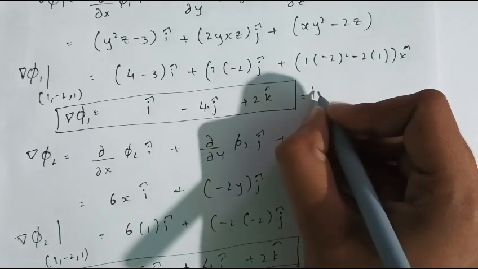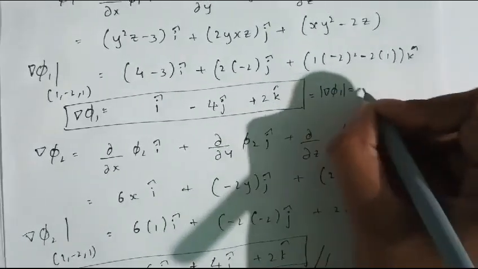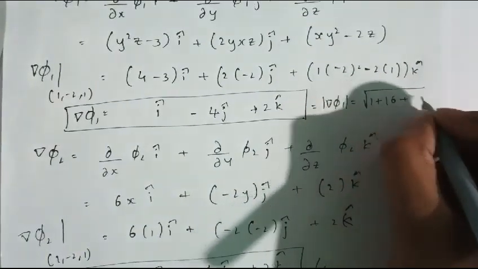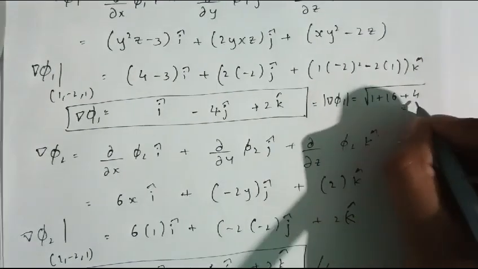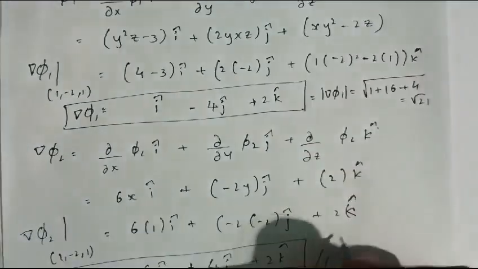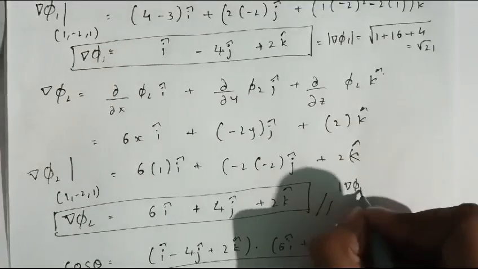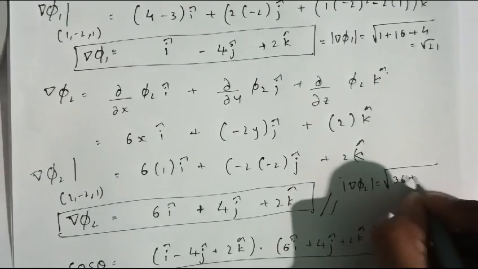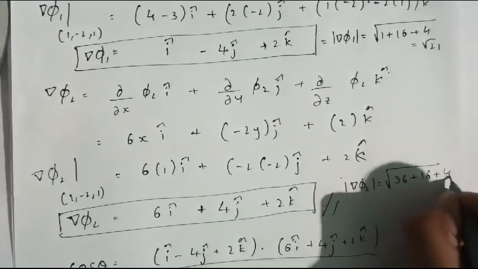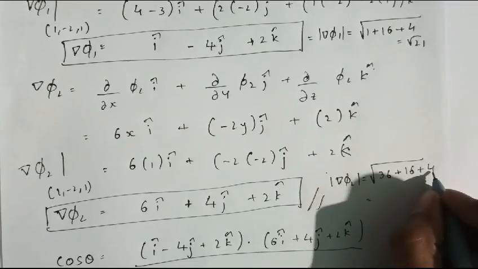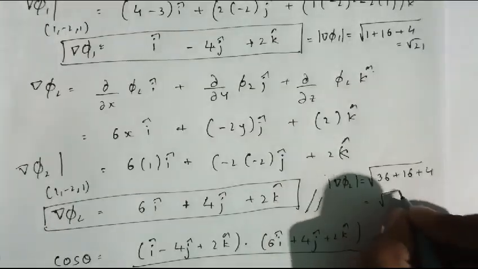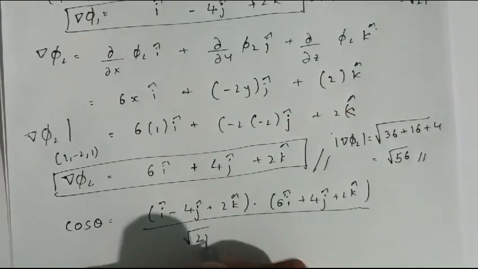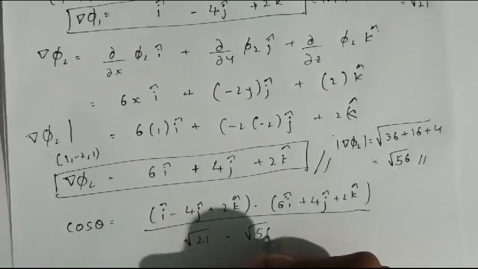Magnitude of del phi 1 is square root of 1 plus 4 square, which is 16, plus 2 square, which is 4, so 16 plus 4 is 20, plus 1 is 21, root 21. And del phi 2 is the square root of 6 square is 36, plus 4 square is 16, plus 4, which gives 56, root 56. Substitute here: magnitude of del phi 1 into magnitude of del phi 2 is root 21 into root 56.